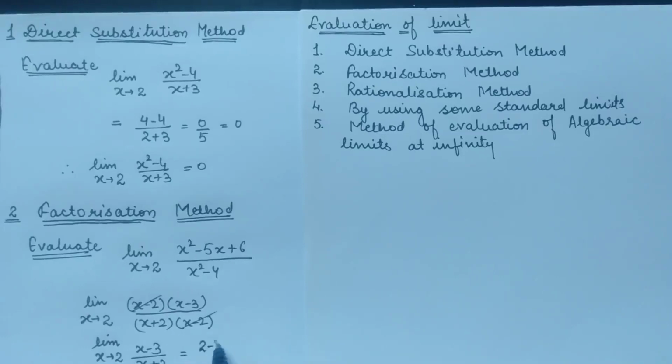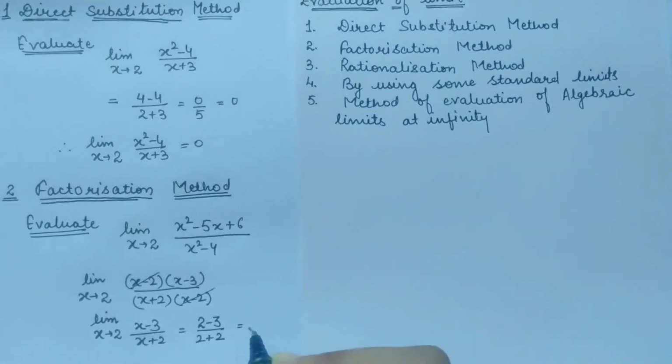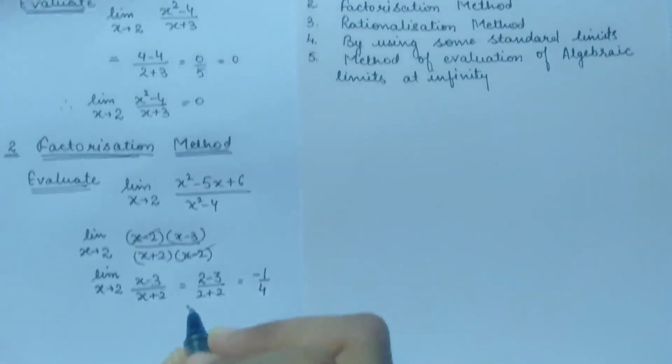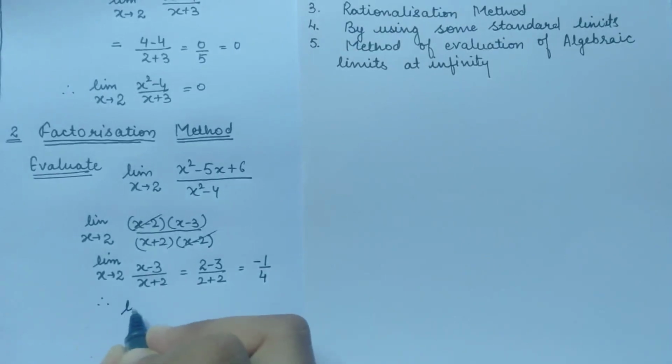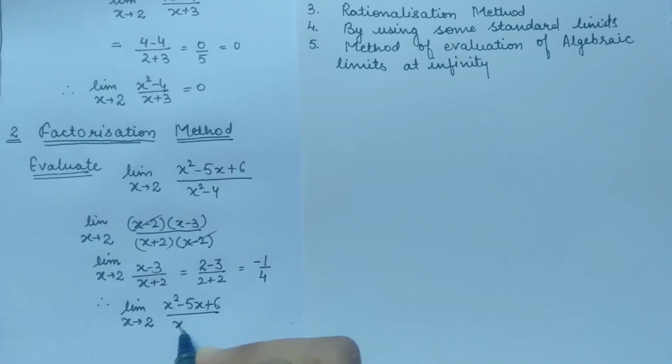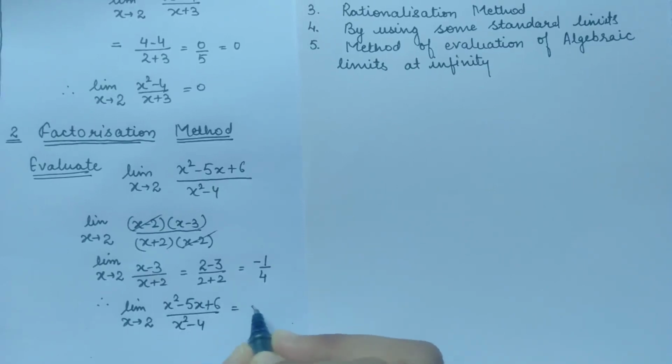So we will substitute the limit 2: (2 minus 3) divided by (2 plus 2), and you will get minus 1 by 4. Therefore limit x tends to 2, (x square minus 5x plus 6) divided by (x square minus 4) is minus 1 by 4.